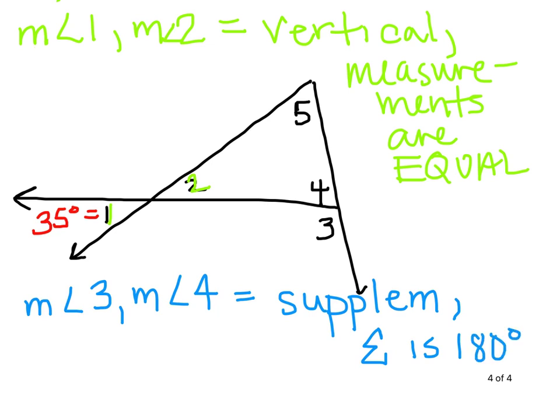Awesome. All right. And for number 3, use what you know about the sum of the measures of the angles of a triangle to find the measure of angle 5. Now, what do you know about the measurements of a triangle, the angles in a triangle?